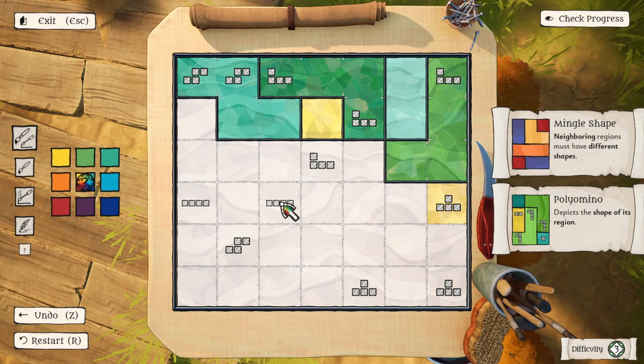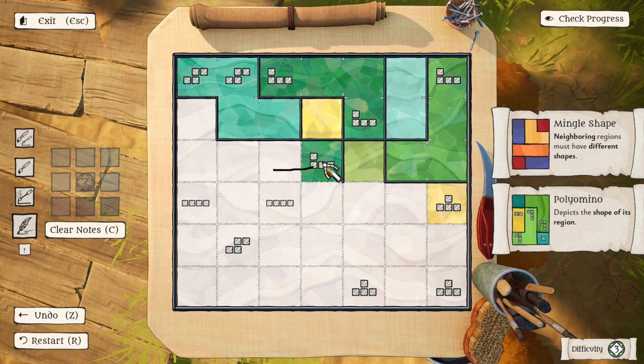That one cannot take this space. If this were to take both, if this were to take that and that, this piece would be trapped.